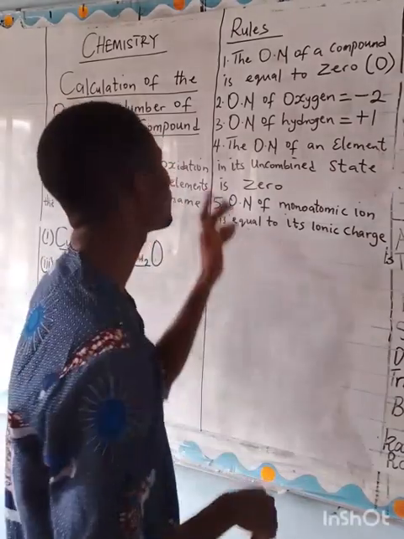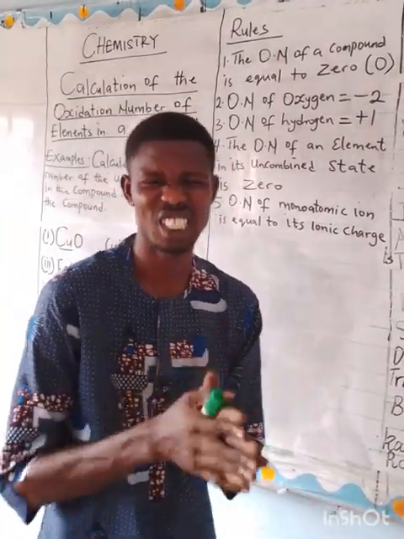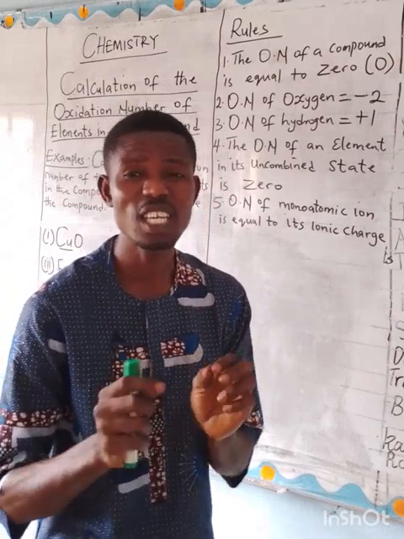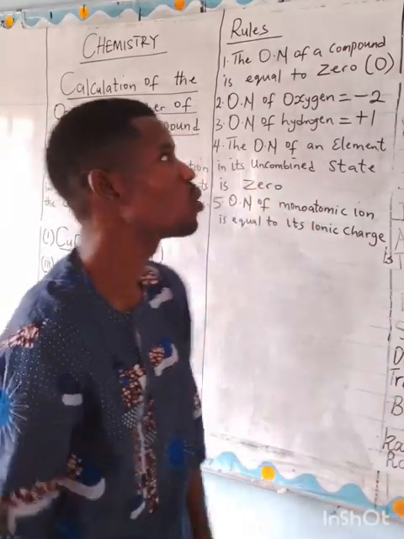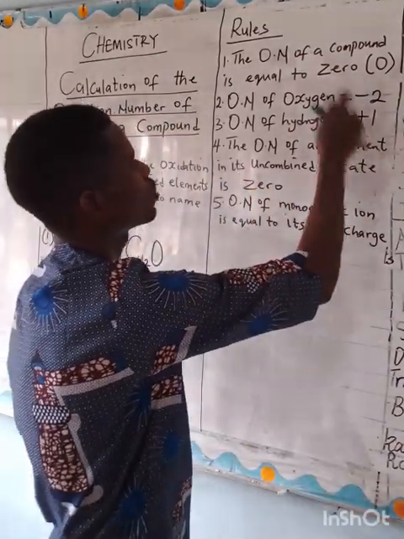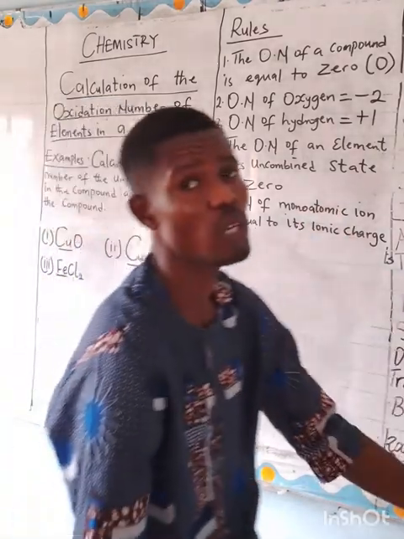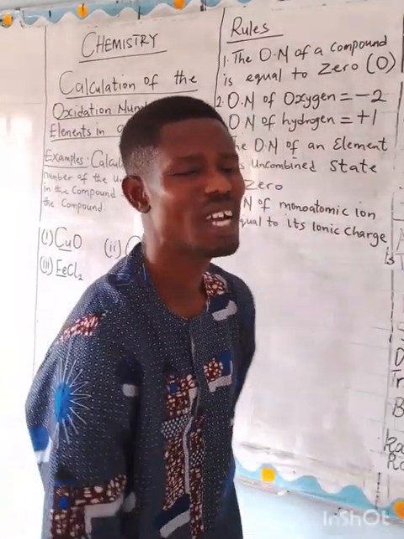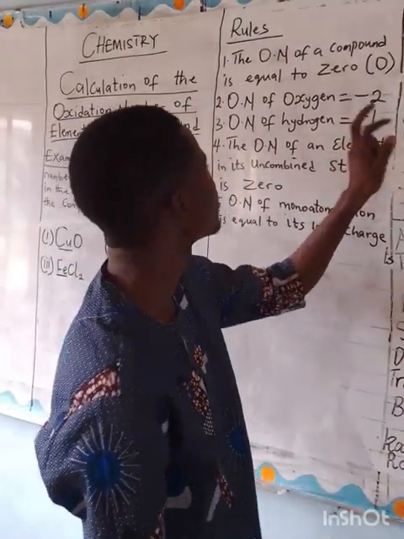Now, number 2, the oxidation number of oxygen in a compound, in a general case, is always equal to what? -2. Then the oxidation number of hydrogen in a compound, in most cases, apart from hydrogen peroxide, is always +1.